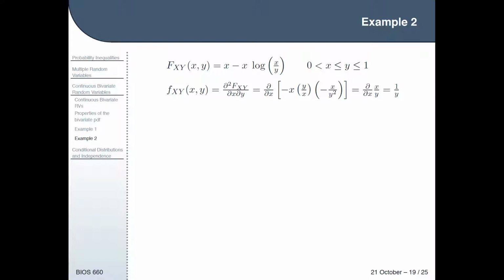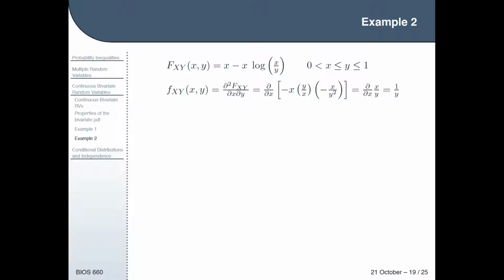So the easiest way to do this, I found, was to take the partial with respect to y first, because then the x term at the beginning doesn't have y in it at all, it's constant, just goes to 0, and you end up just taking the partial of this piece here. All you have to do is use the chain rule.